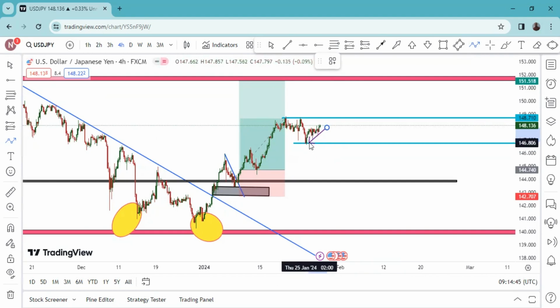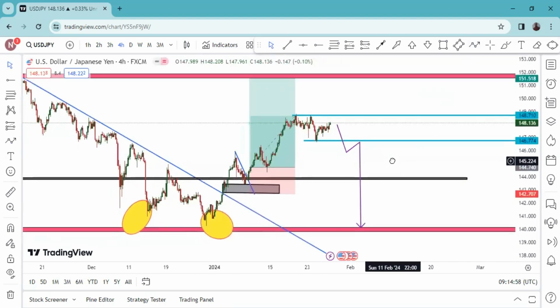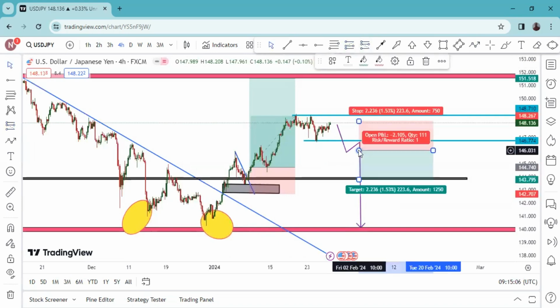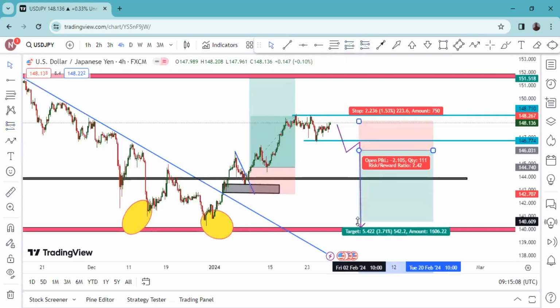So if the market breaks this level to the bottom and retests this level, you can see there is a position here. I might think of shorting this market, and this is how I will be expecting to take this trade.